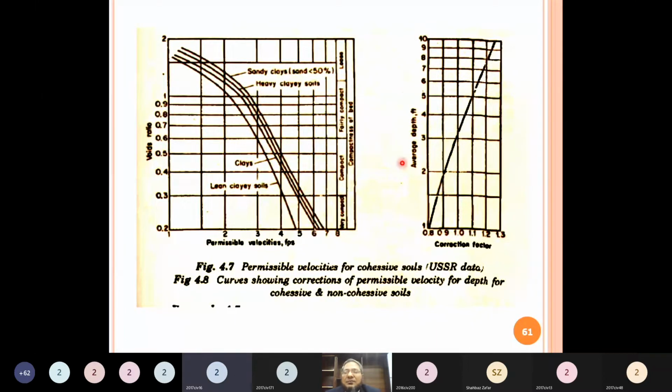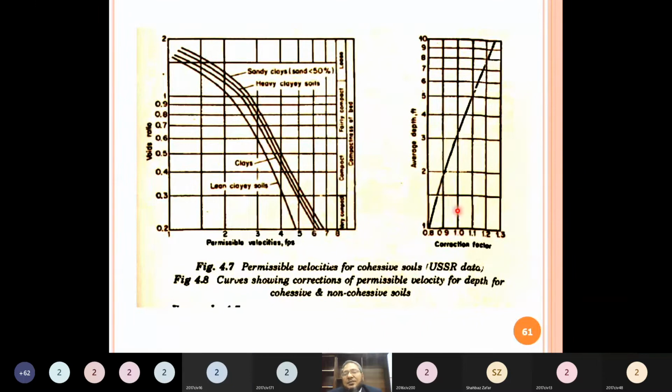And what is the variable on the y-axis of this figure 4.8? क्या value है? कौन सा variable है? Average depth of flow in feet. And what is the variable on the x-axis? Correction factor. Its value varies from 0.8 to 1.3.